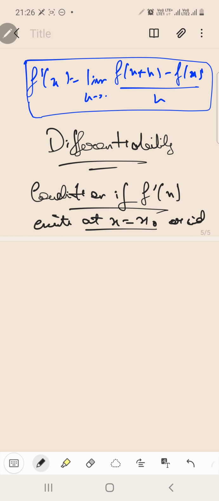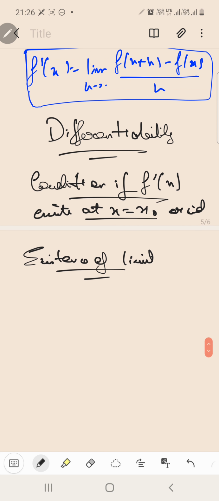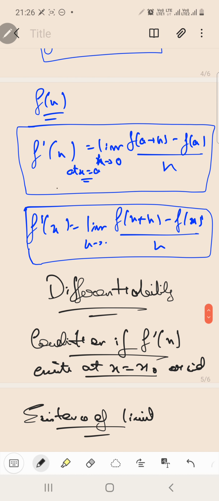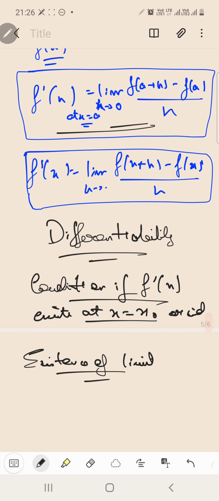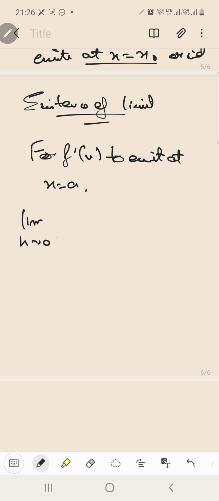Now, already we have learnt about limit, and we have learnt about something which is known as the existence of limit, right? So we can pretty easily conclude that for f dash x to exist at x equals a, limit h tends to 0 of f of a plus h minus f of a over h must exist.